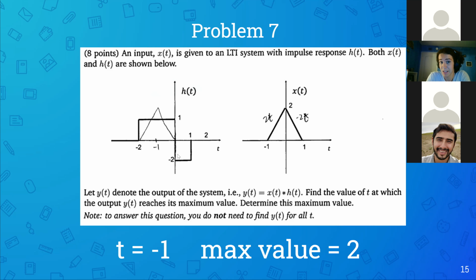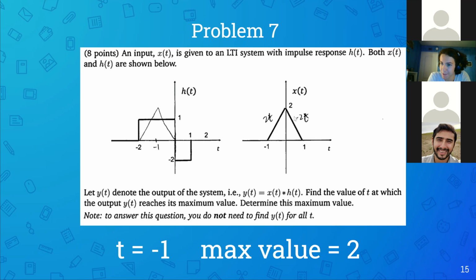So if we multiply x of t minus 1 by h of t, x of t plus 1 by h of t, we would just get the triangle shifted over by 1, right? But convolution is in particular looking at the area under that triangle. So what is the area under that triangle? Well, it has a base of 2 and a height of 2. So 1/2 base times height, it's just 2. The other way to think about that is that each of these smaller triangles makes up half of a whole rectangle of area 2.